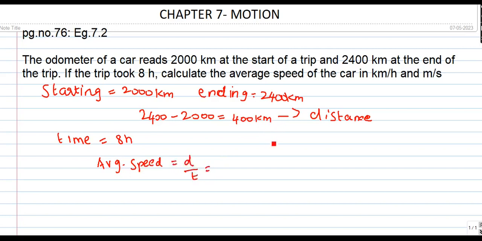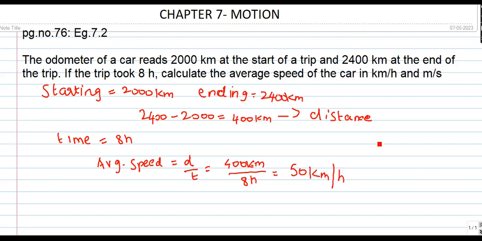So what is the distance we have? We have 400 kilometers divided by the time, which is 8 hours. So the answer for this will be 50 kilometers per hour.